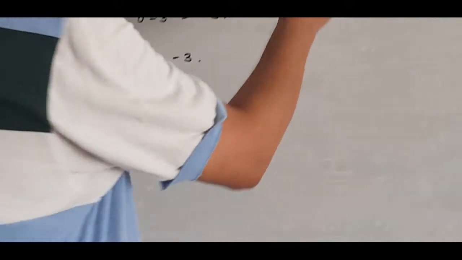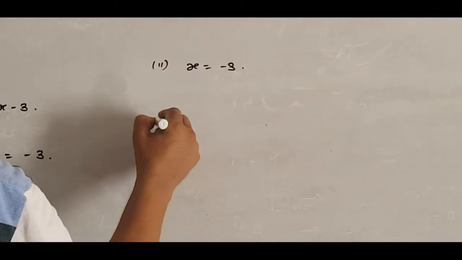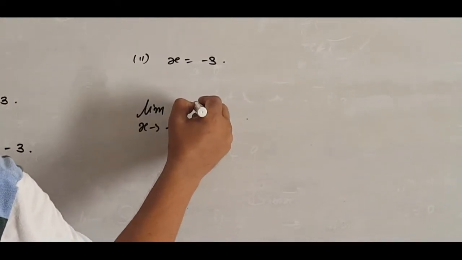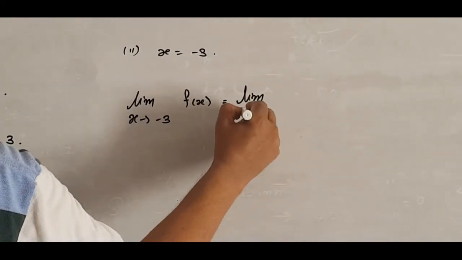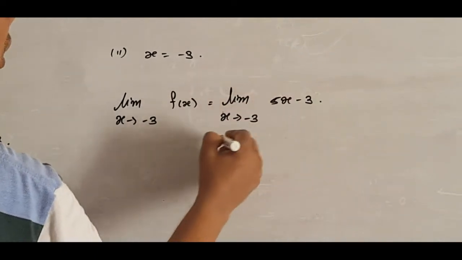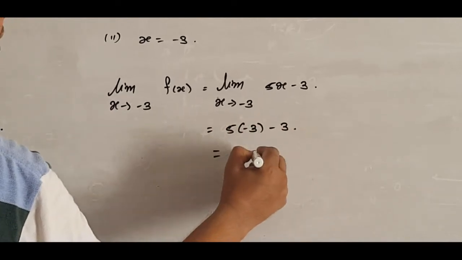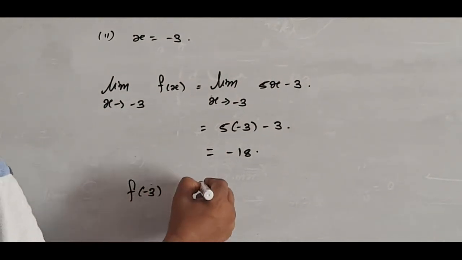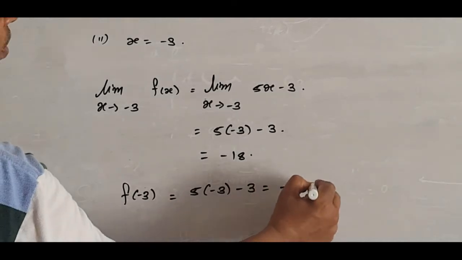Similarly, we go for the second point, at x equal to minus 3. So the limit of x tends to minus 3, f(x) will be what? Limit of x tends to minus 3, f(x) is 5x minus 3. So it is 5 into minus 3 minus 3. So it is what? Minus 18. You can also see f of minus 3 is what? 5 into minus 3 minus 3, that is also minus 18.